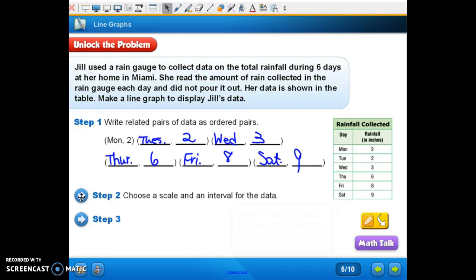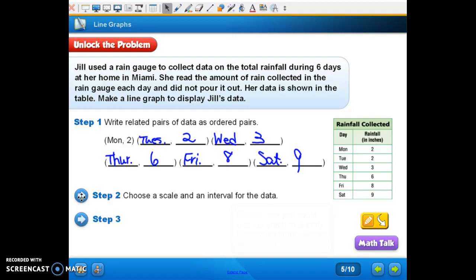Our numbers vary from what? What's the smallest number? 2 to 9. So what do you think, it only goes up to 9. Do you think we could use a scale that went 0, 1, 2, 3, 4, 5?